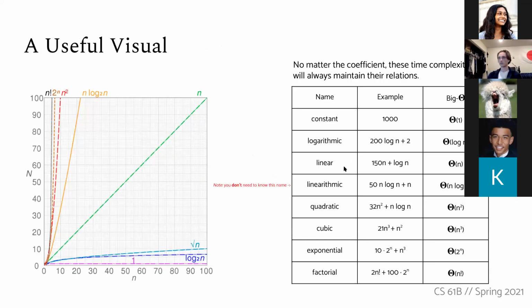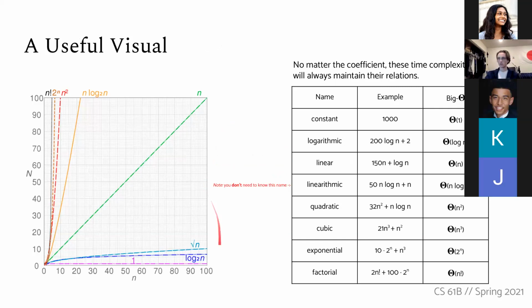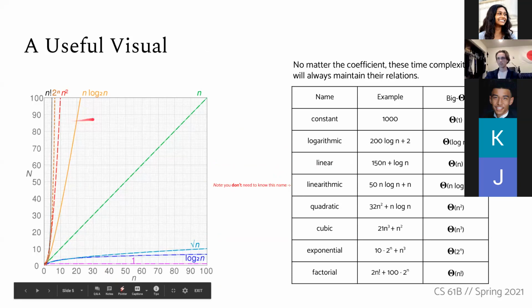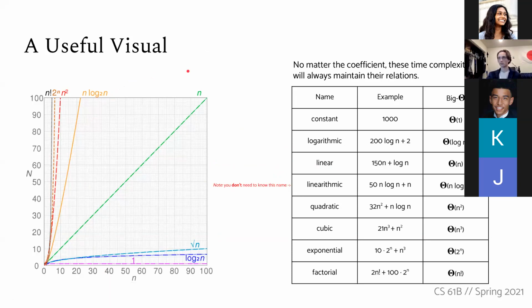Here's a useful visual representing our time complexity. You'll see this is a graph of functions, for example, that we might use to describe our runtimes. Starting at the lowest, we have constant, which is just described as theta of 1 for some constant. Next, we have logarithmic, which is theta log of n.